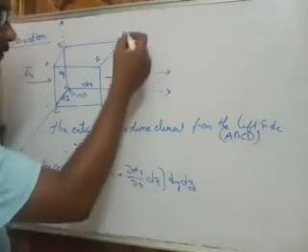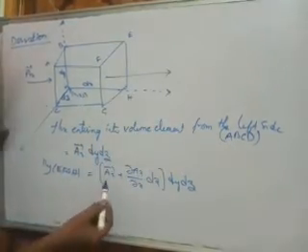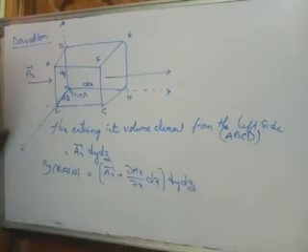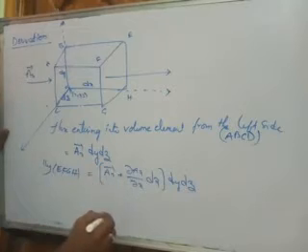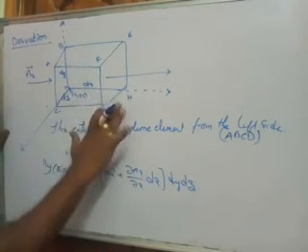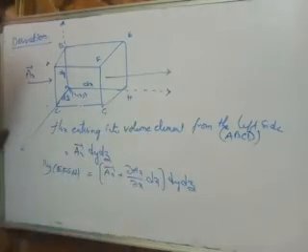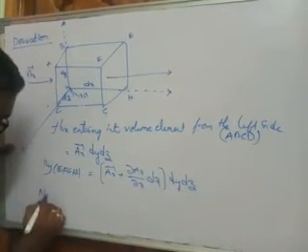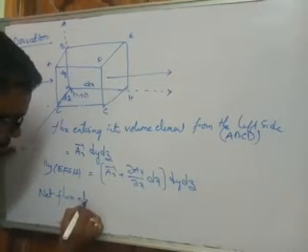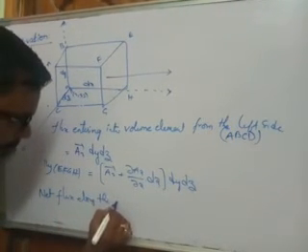Flux coming out from the EFGH plane is Ax bar plus dou Ax by dou x dx into dy dz. Now the net flux flowing through the infinitesimal element along the x direction.